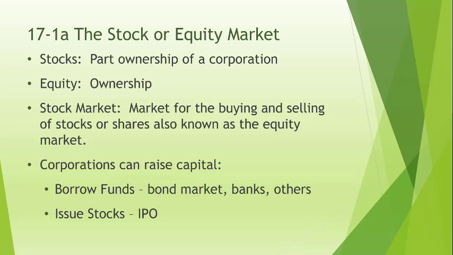So in the stock market, we have people who are buying and selling stocks, and this is completely down to the model that you've seen in microeconomics, so demand and supply. And the market reacts very, very quickly to those two features.